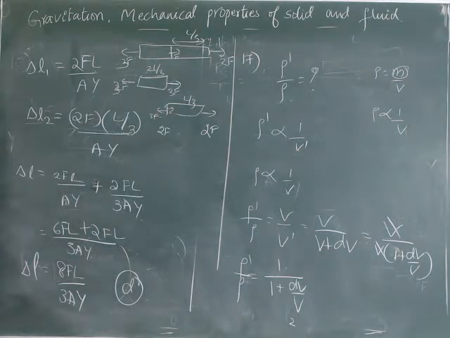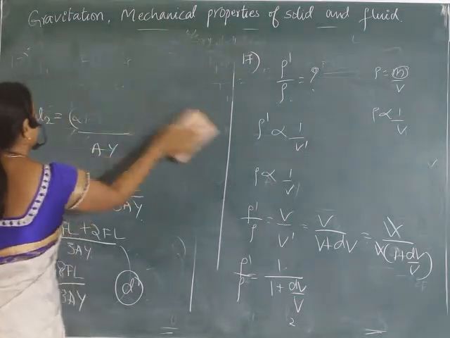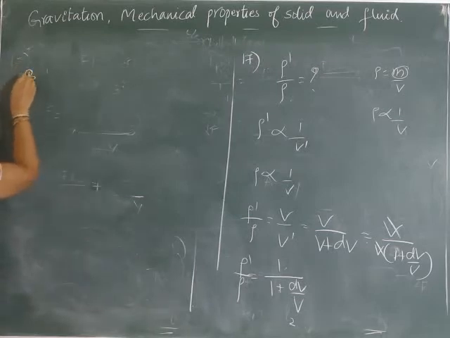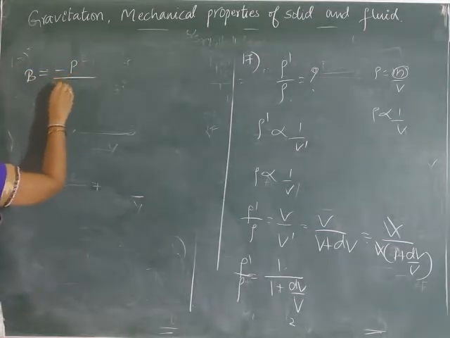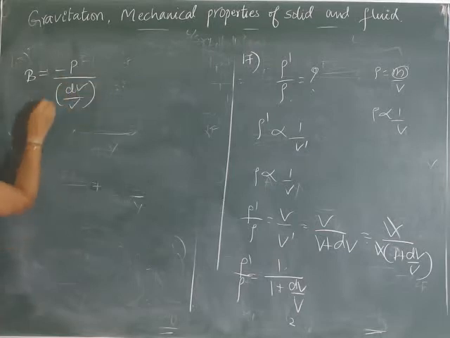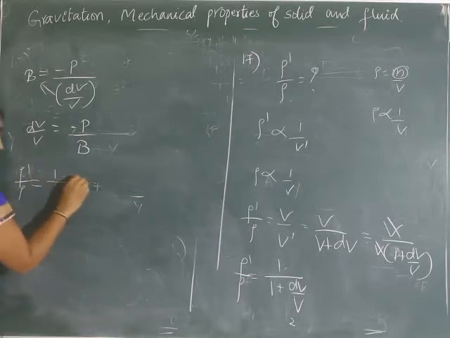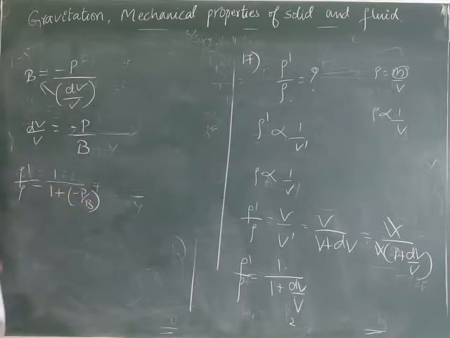The expression for bulk modulus is B equal to minus P by delta V by V, or dV by V. So I can say dV by V is equal to minus P by B. Then rho dash by rho is equal to 1 by 1 plus minus P by B. Do we have any answer? Yes, plus into minus is minus. So option A.